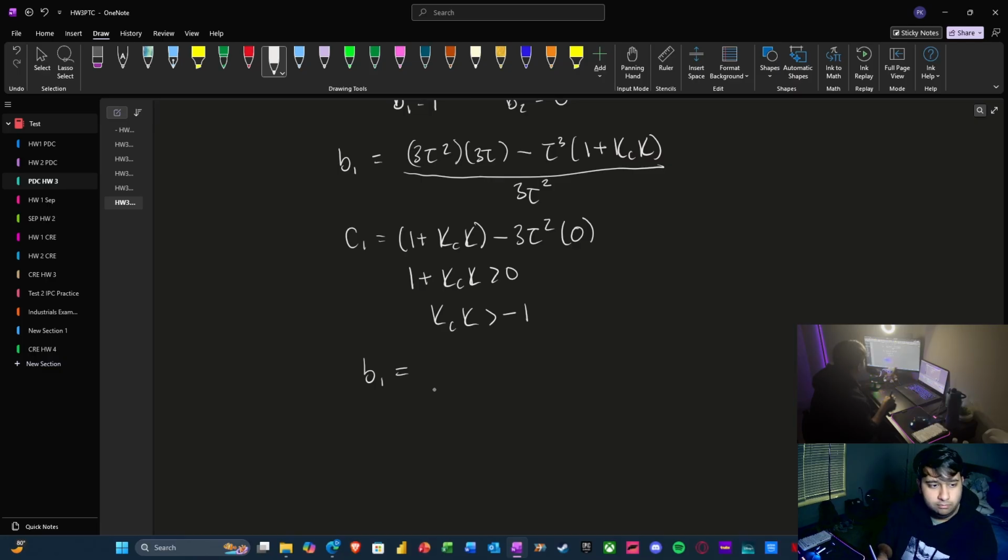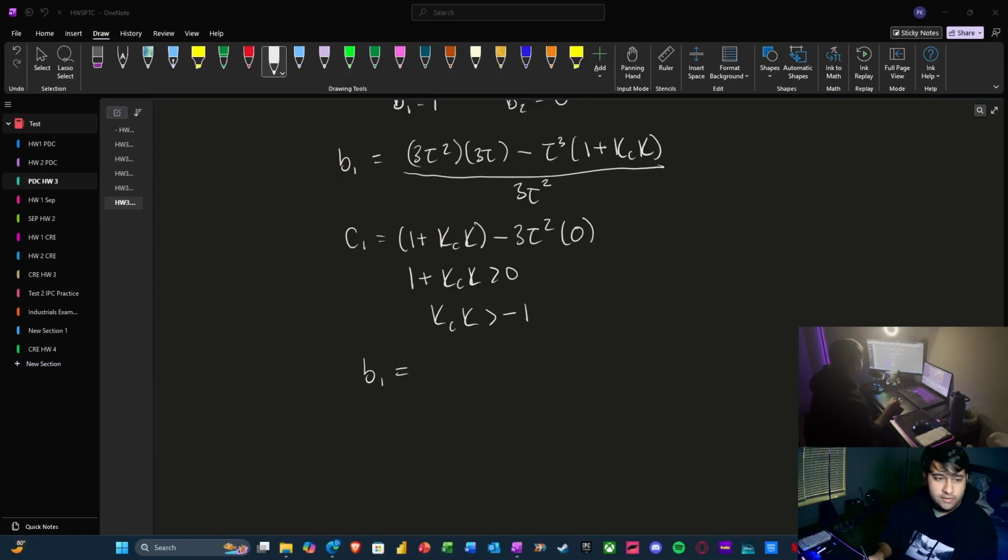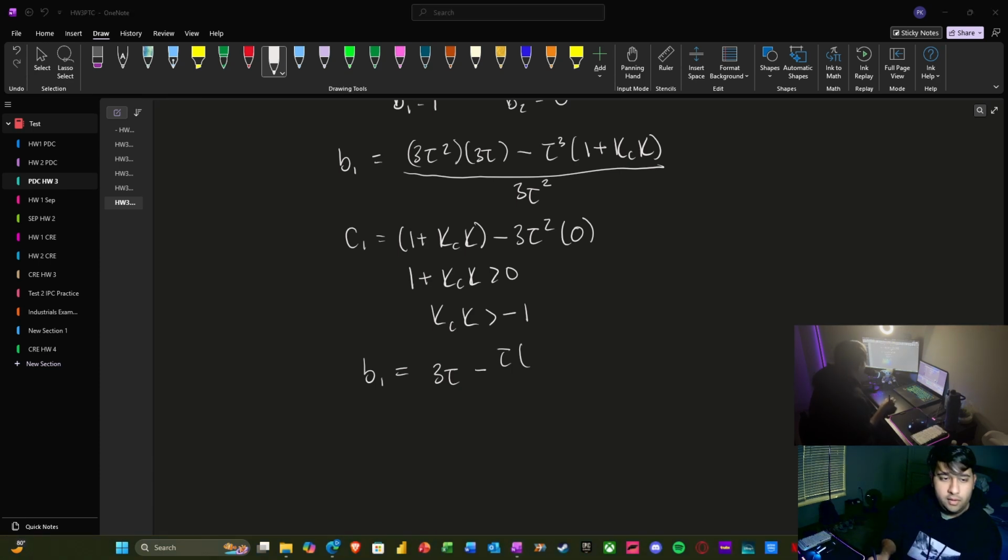But B1, so basically what we're left with is tau times, sorry, I just had to double check, 1 plus KcK all over 3, which is going to be greater than 0.